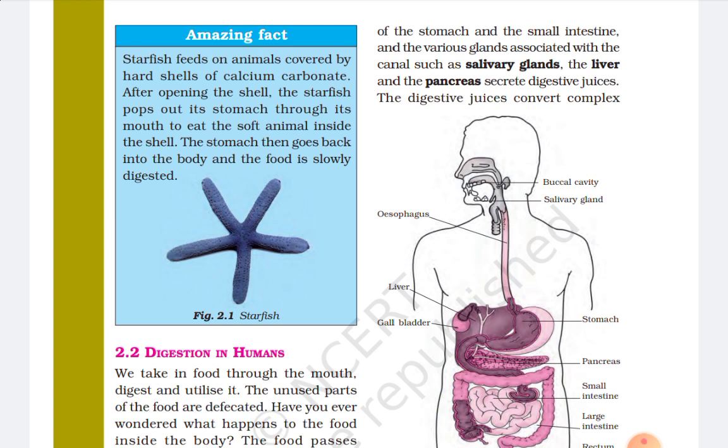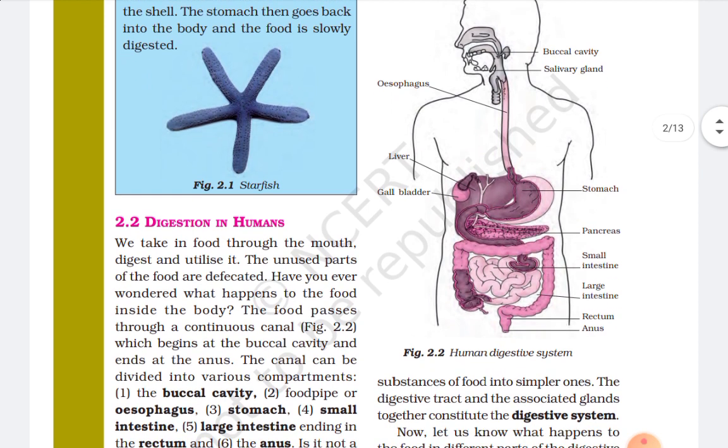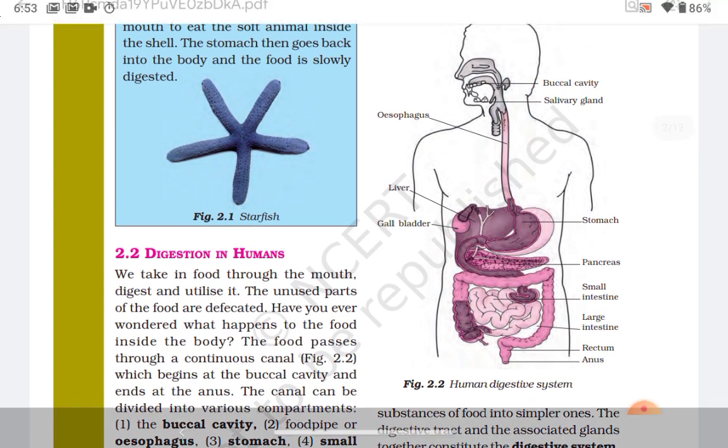After opening the shell, the starfish pops out its stomach through its mouth to eat the soft animal inside the shell. The stomach then goes back into the body and the food is slowly digested. You can see this is the human digestive system.